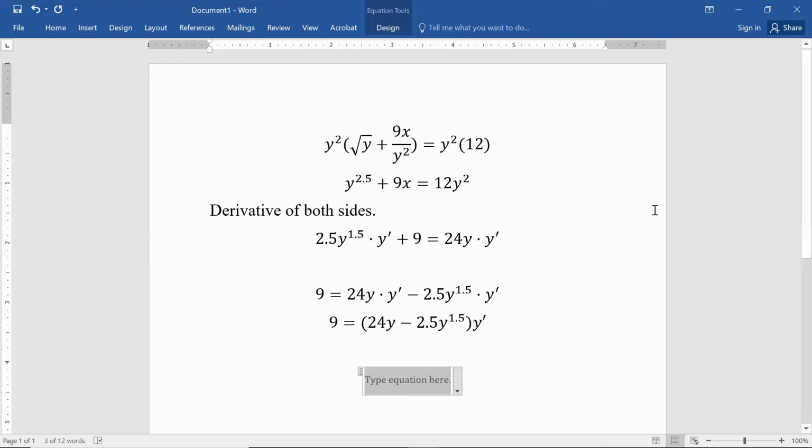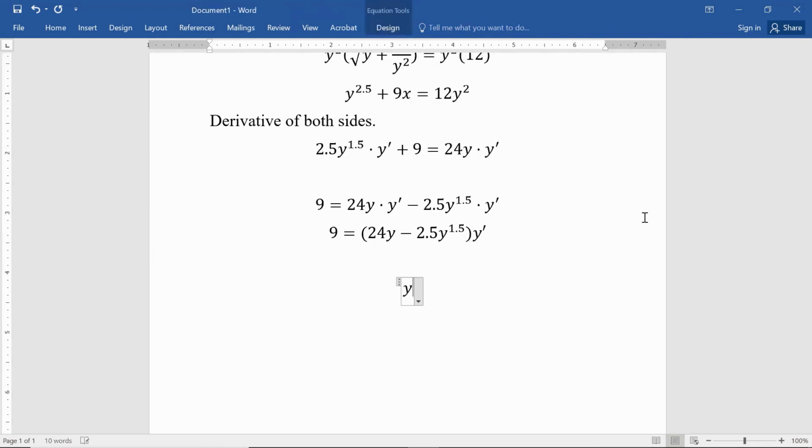And so y prime here will simply be 9 divided by this coefficient, 24y minus 2.5y to the 1.5 power.